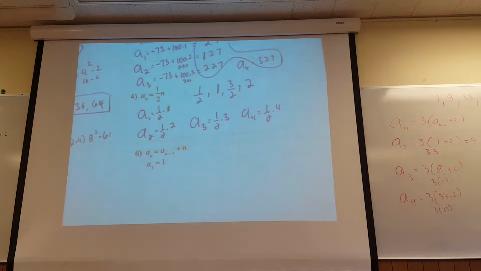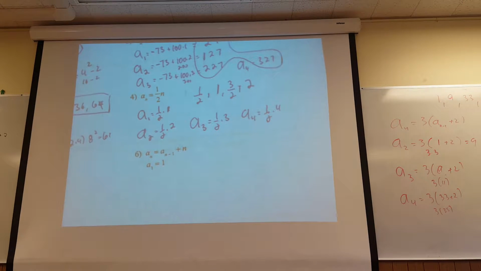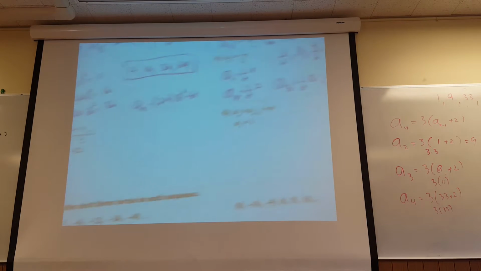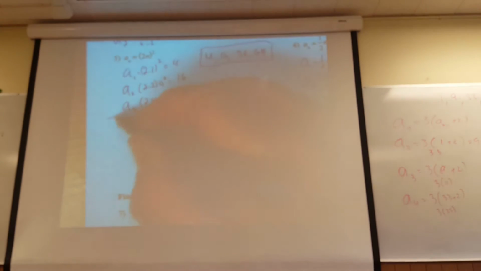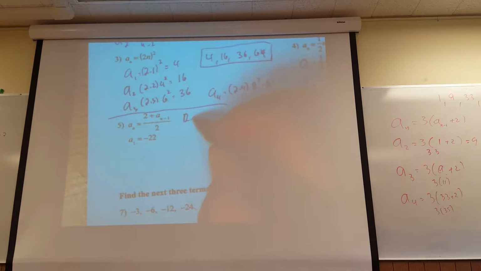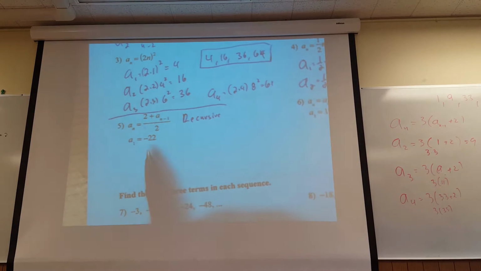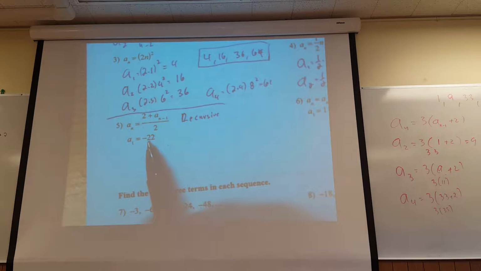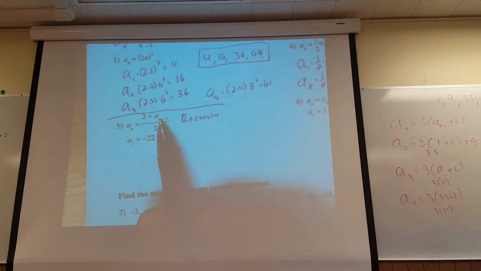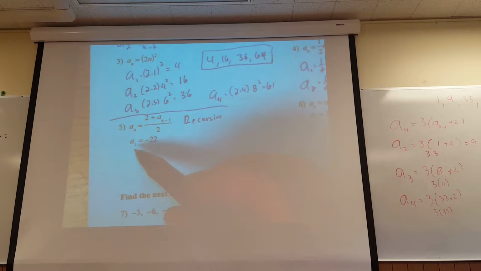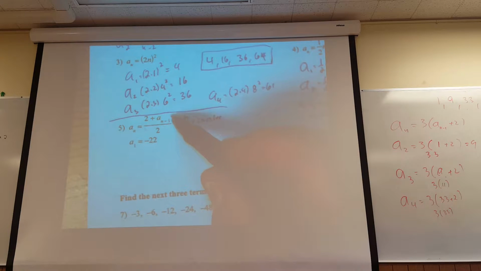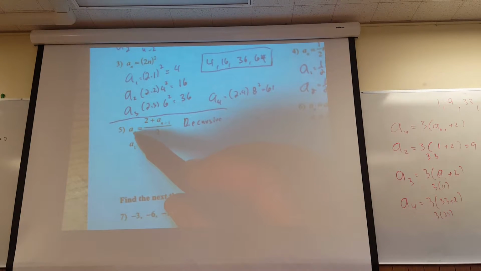All right, now, the next 2 problems, 5 and 6, this is the recursive one. Okay, they give you the first term, and they want to know now a sub n would be the next term after this one. So this is the first, that's gonna go here, and then that's gonna be the second.